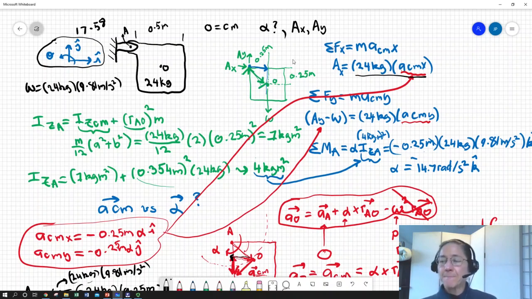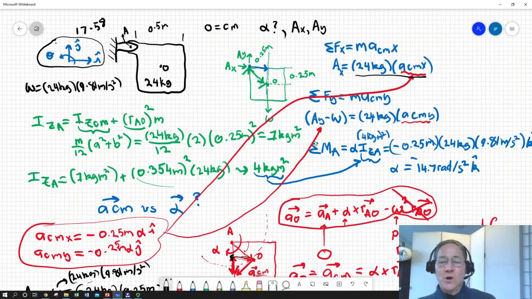Then FBD. Figure out what the net force in each orthogonal direction is, and then stop. Don't set the tallies equal to 0. Next, from your FBD, apply Newton's second law. Do the sum of the forces in x and in y and set those equal to the total mass times the acceleration of the center of mass in that direction.